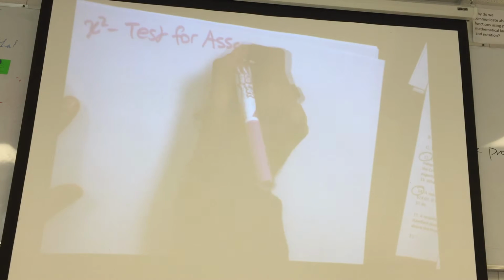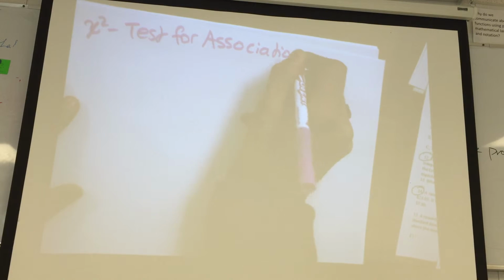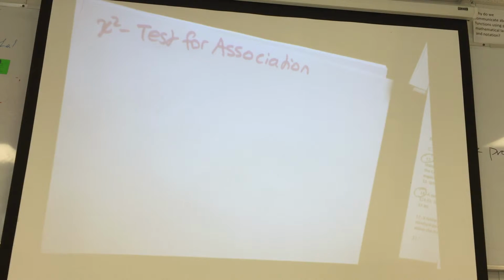One person used a chi-squared test for association. That was totally fine because you had 2 categorical variables: time, and whether you wanted to change Social Security or not.